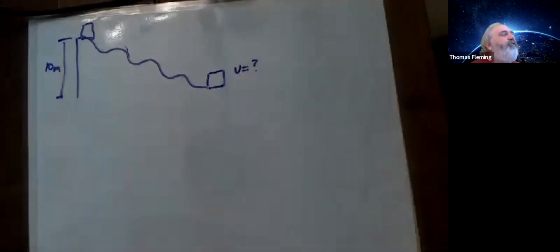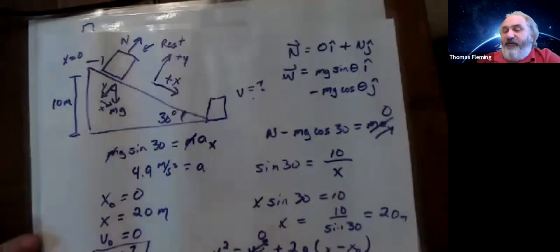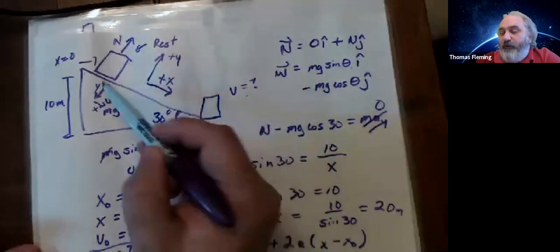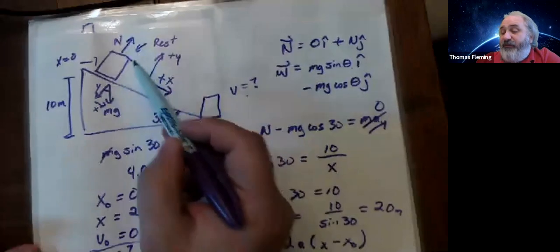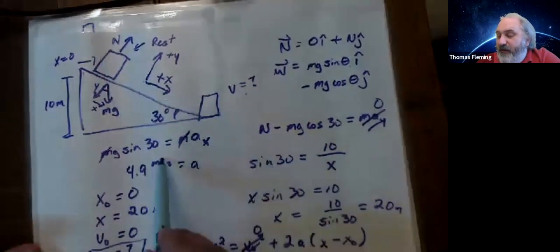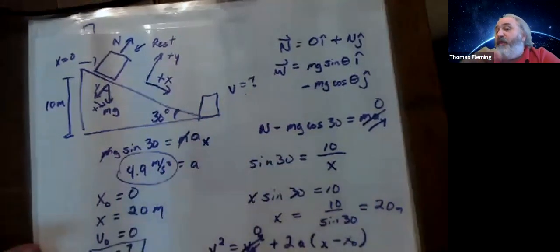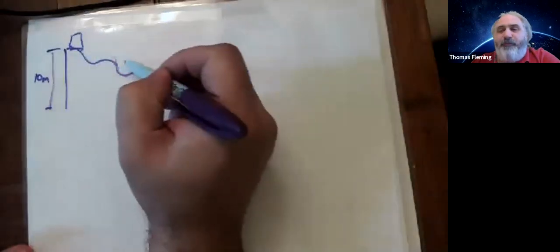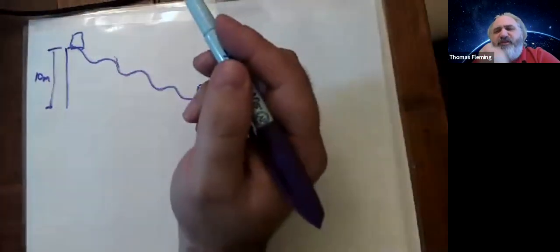Now, using Newton's laws to solve this problem isn't going to work for us. The reason is that, unlike the previous problem, where as the box travels downward, the normal force always points the same direction, gravity always points the same direction, which means the entire time it's sliding, the acceleration was always 4.9. Here, as it slides down the ramp, the direction of the normal force is going to keep changing.